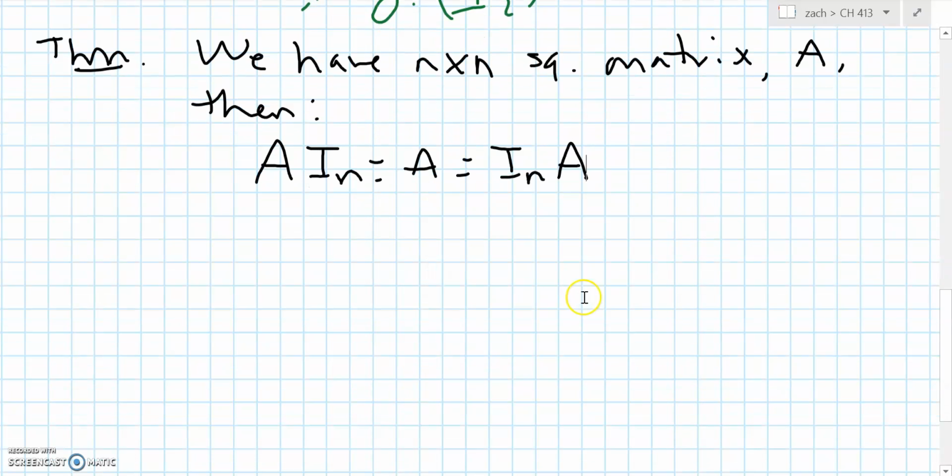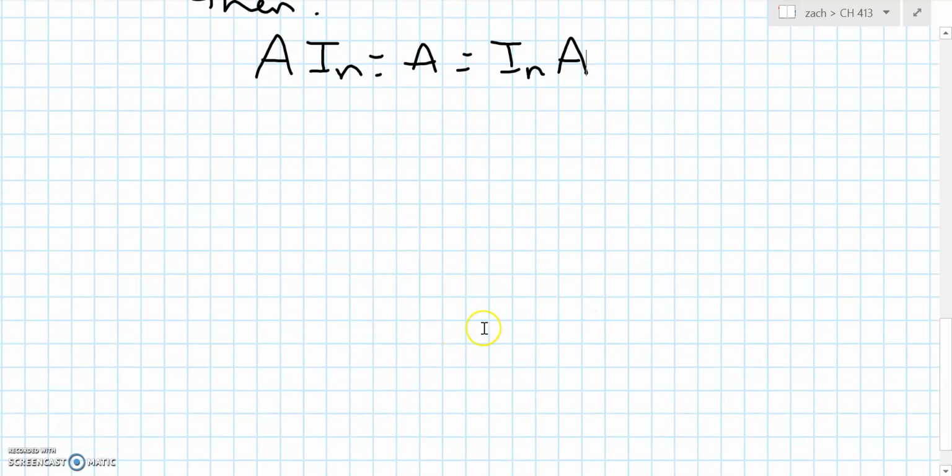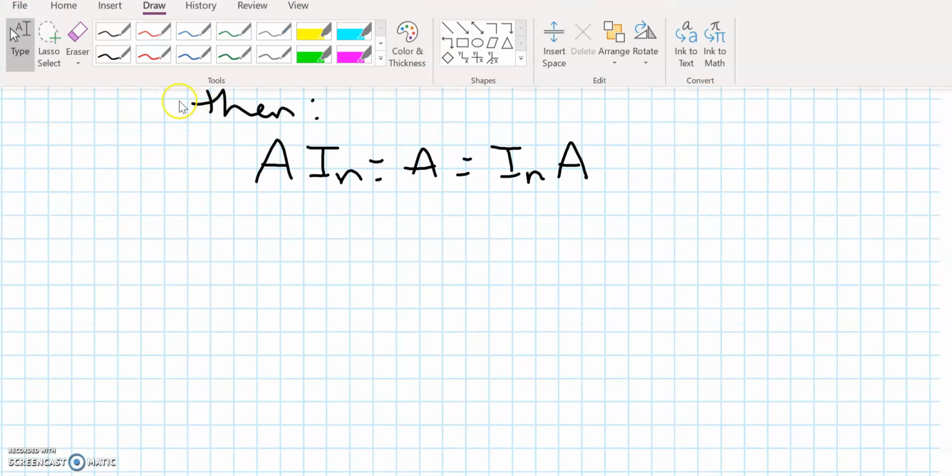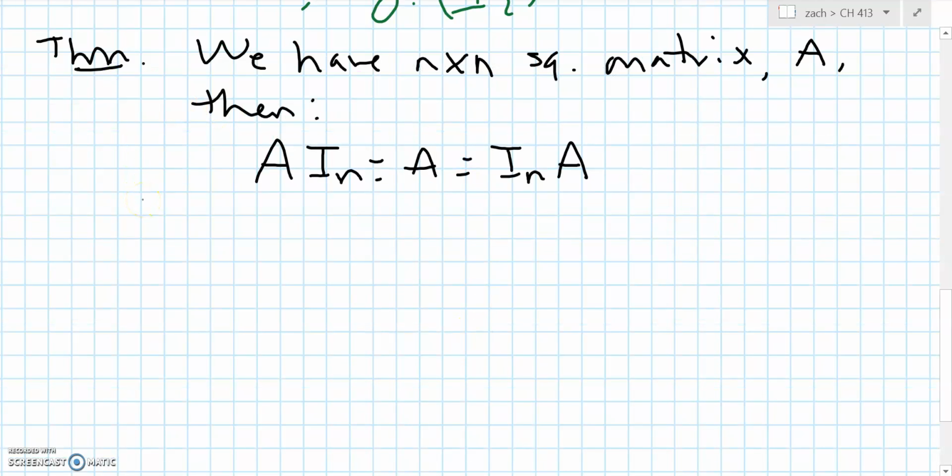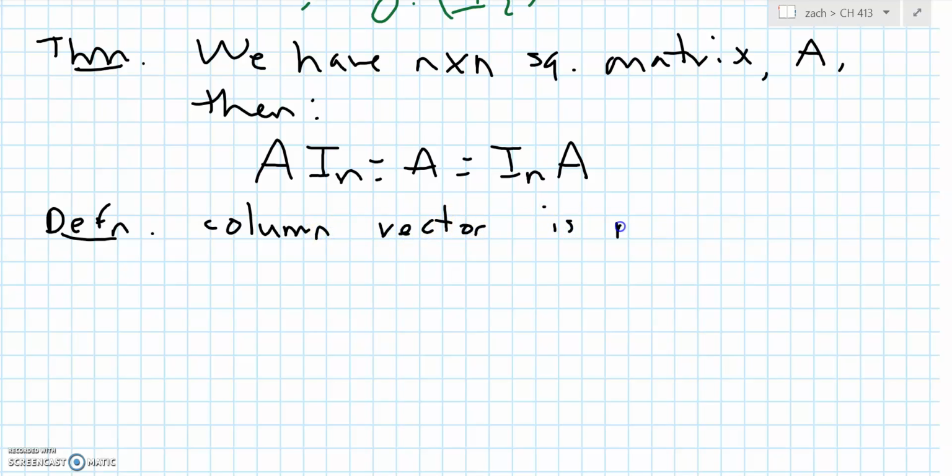Now what if we consider a column vector? What is a column vector? I guess we'll call this a definition. A column vector is a matrix that has just one column, so it's an n by 1 matrix, for example.